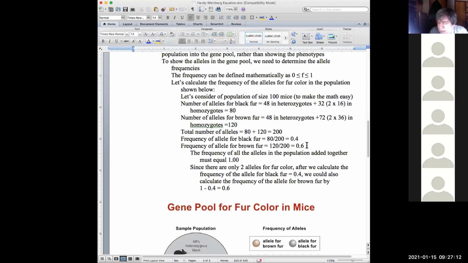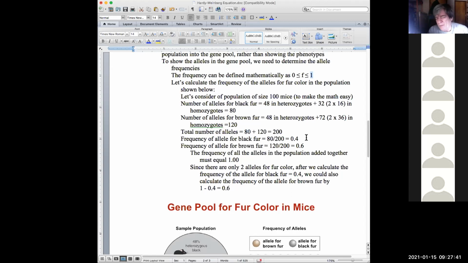Now notice, if we add 0.4 and 0.6, what number are we going to get? 0.4 plus 0.6? Correct. We're going to get 1. Well, remember what we said. 1 is 100%. So if we only have 2 alleles, they should add up to 1 when we double check our work.